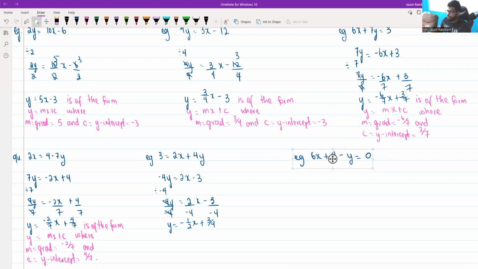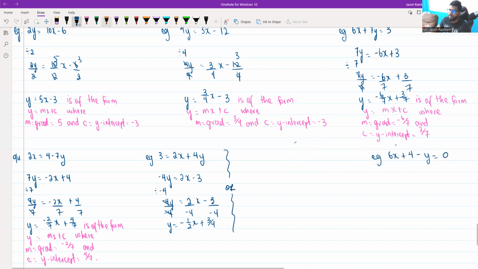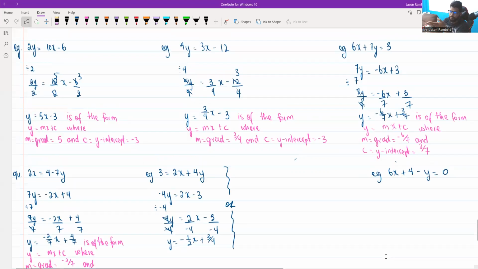The easier way to do this question, and I'm giving myself a little bit of space here, is this. You see, in all of the questions we did, the coefficient of y was positive. If you didn't notice that, then we go back up.